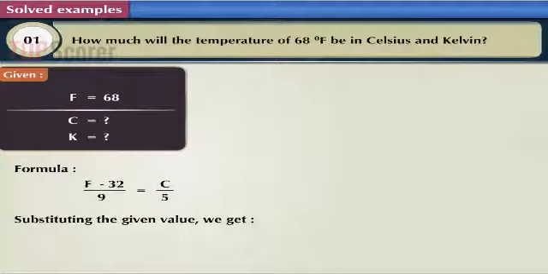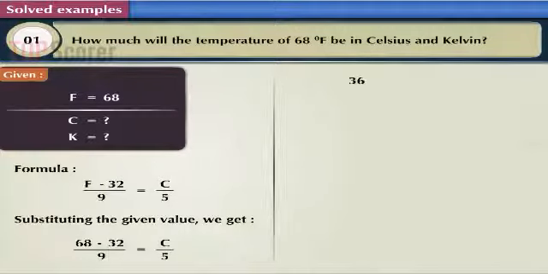Substituting the given value, we get (68 minus 32) upon 9 is equal to C upon 5. Thus, 36 upon 9 is equal to C upon 5. Thus, 4 into 5 is equal to C. Thus, C is equal to 20 degrees Celsius.